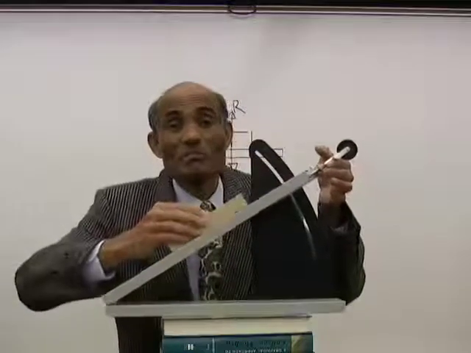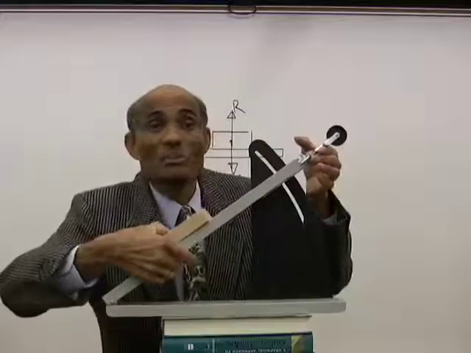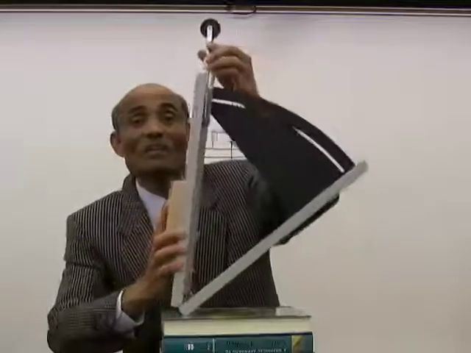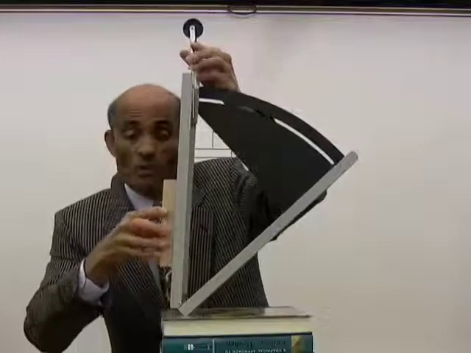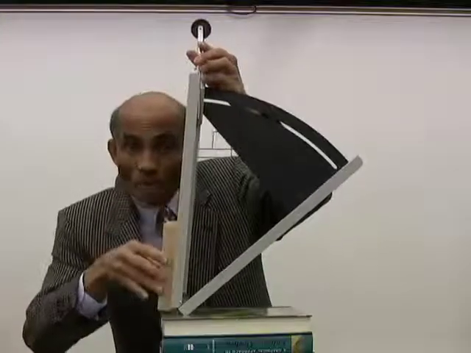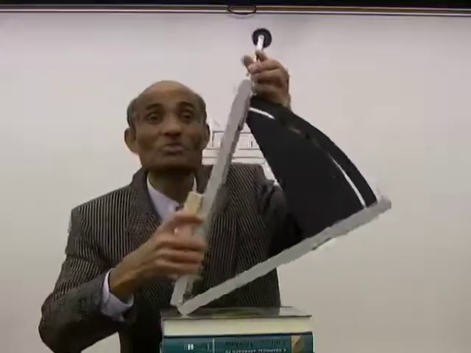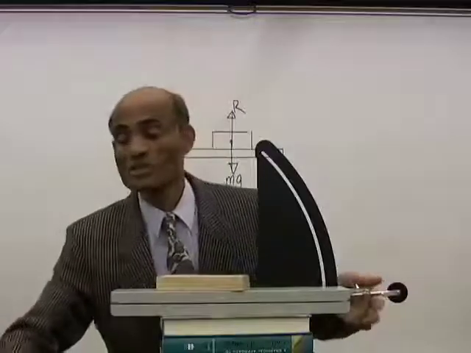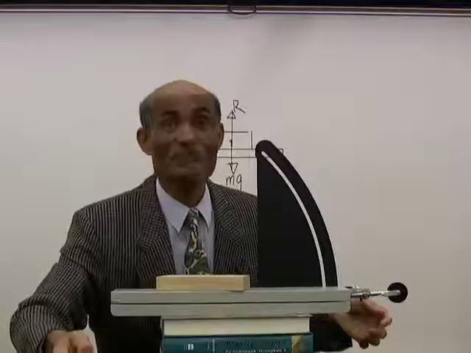Finally, when the angle is 90 degrees, all of the weight is pulling it down the plane. There is no force pressing the two surfaces at all. Well, let's now put these things together and look at the theory of the inclined plane.